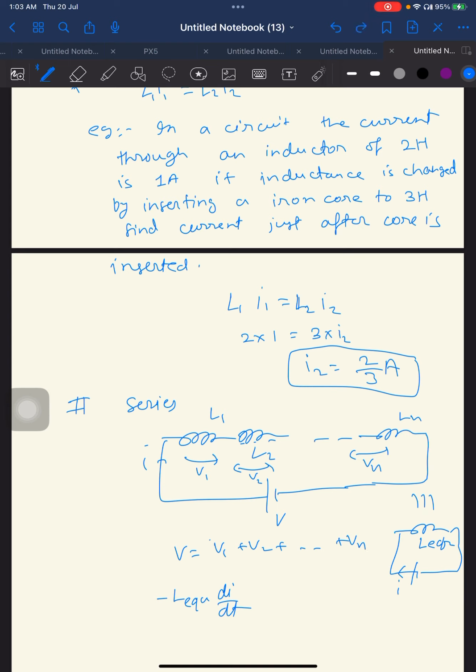That is equal to V1 for the first inductor, minus L1 di by dt, since current is the same in all of them, similarly minus L2 di by dt, and so on. You can see this di by dt will cancel out and we get L equivalent equal to L1 plus L2 plus so on. Same as a resistor.